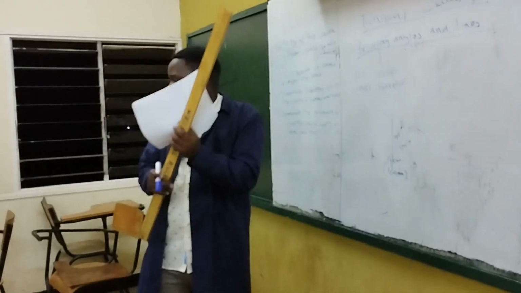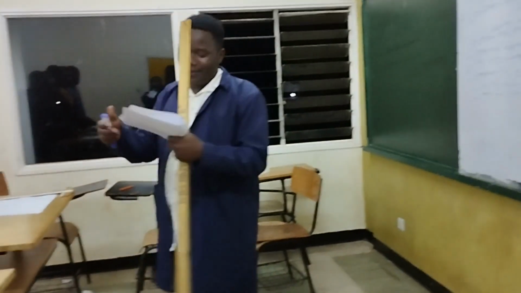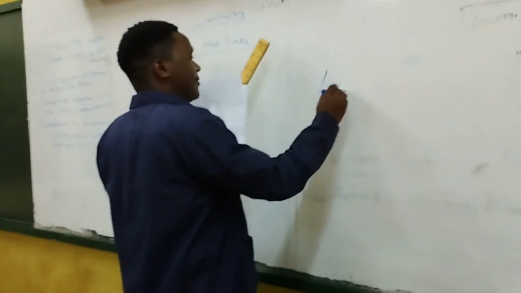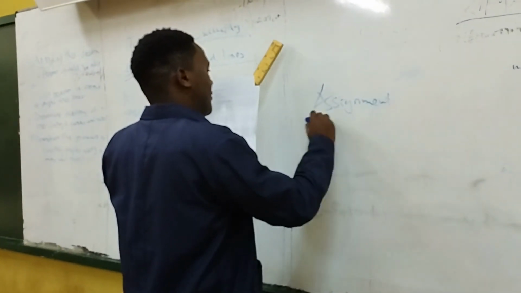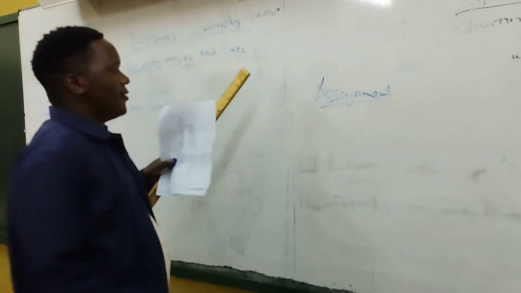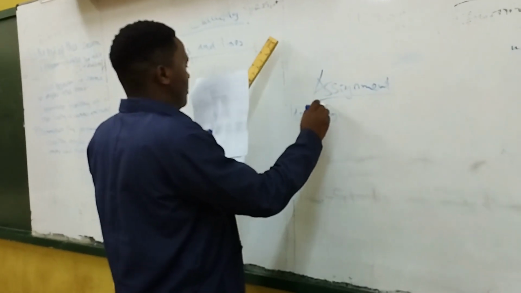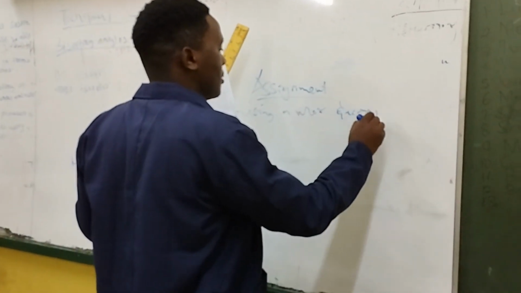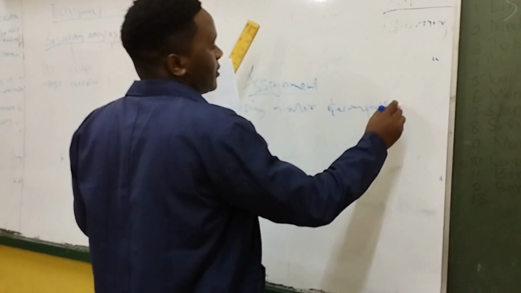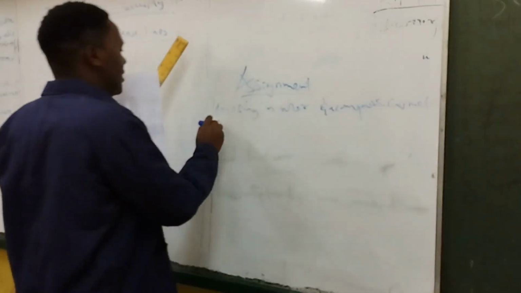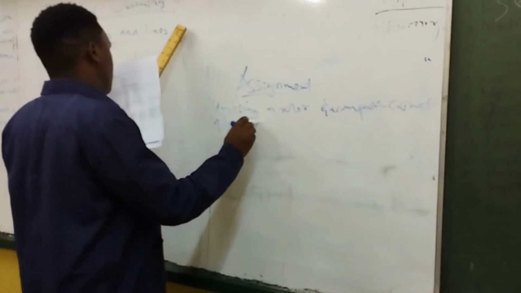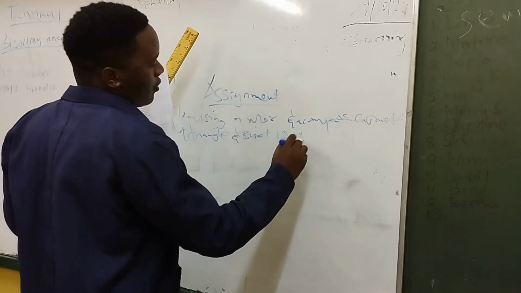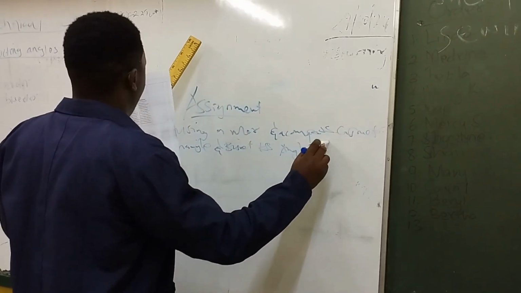I can see most of you have done your work right. Let me give you the assignment. Using a ruler and a compass, construct a triangle and bisect its angles and sides.